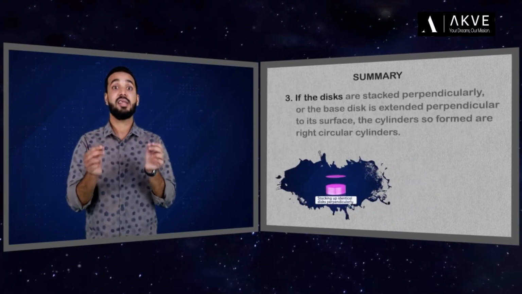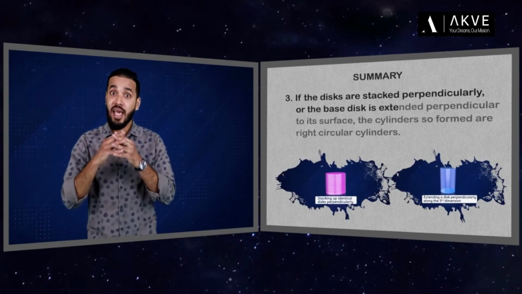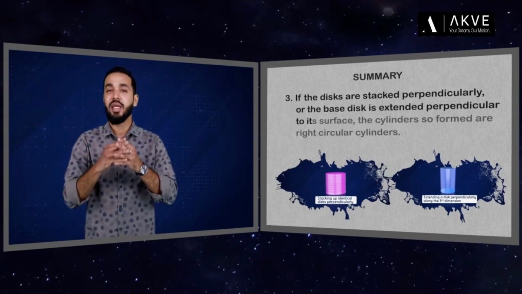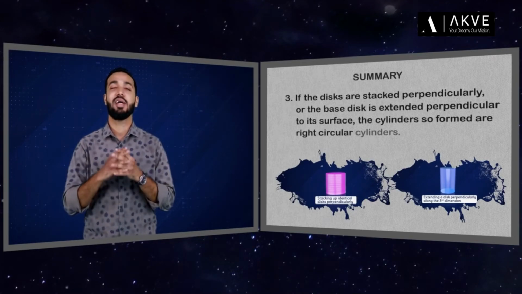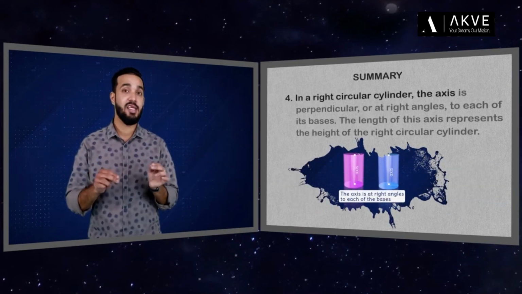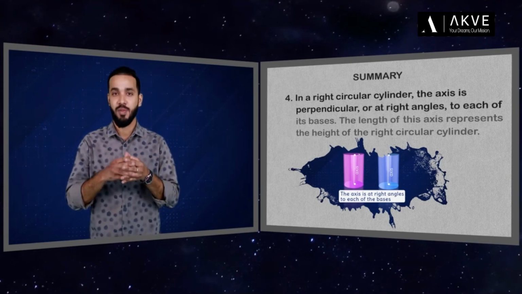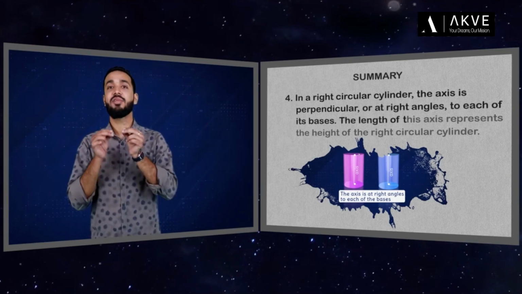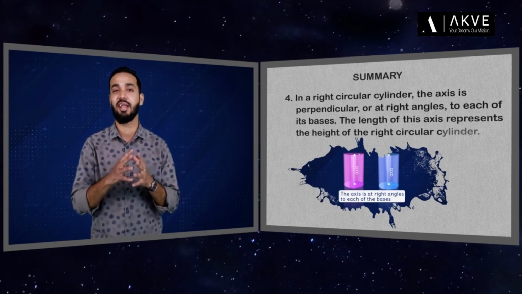If the discs are stacked perpendicularly or the base disc is extended perpendicular to its surface, the cylinders so formed are right circular cylinders. In a right circular cylinder, the axis is perpendicular or at right angles to each of its bases, and the length of this axis represents the height of the right circular cylinder.